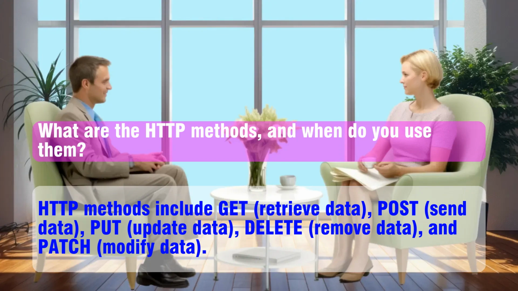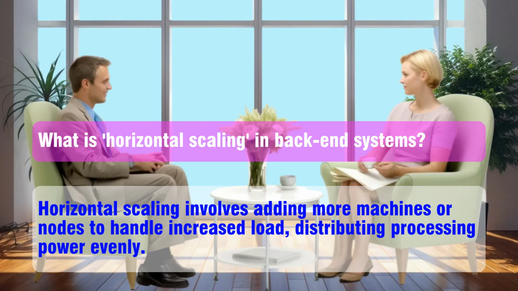HTTP methods include GET to retrieve data, POST to send data, PUT to update data, DELETE to remove data, and PATCH to modify data. What is horizontal scaling in back-end systems? Horizontal scaling involves adding more machines or nodes to handle increased load, distributing processing power evenly.